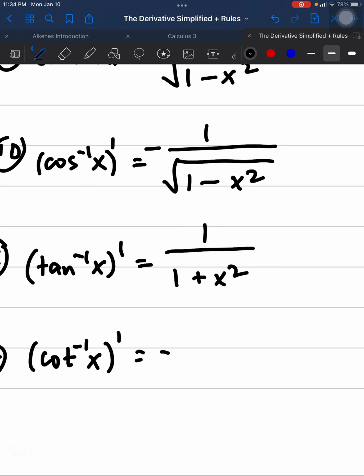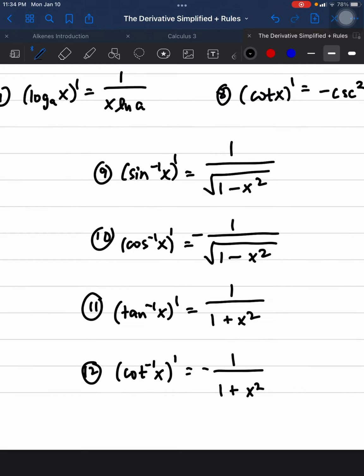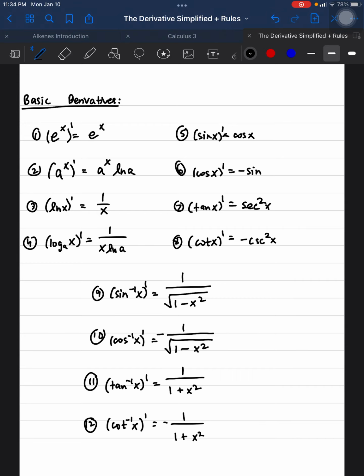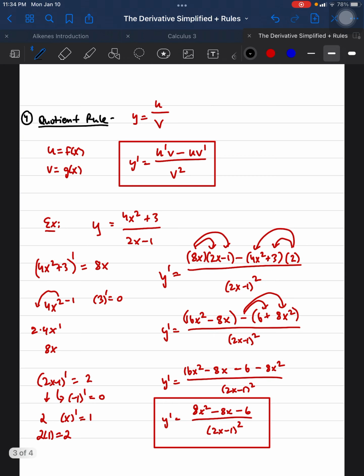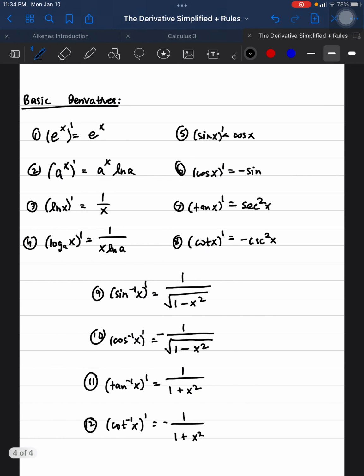So I'll still list it here. The derivative of that is just negative 1 over 1 plus x squared. So these are some of just the basic derivatives and some of the basic properties of derivatives. And I would recommend memorizing most of these, so you have a basic foundation in derivatives.